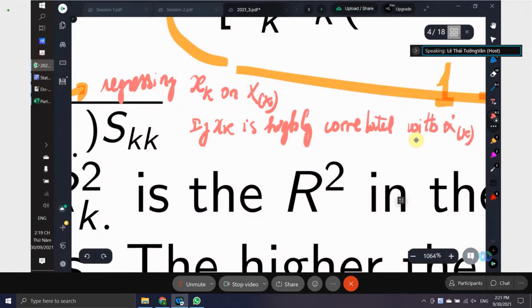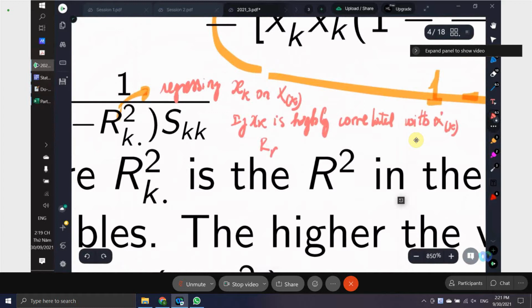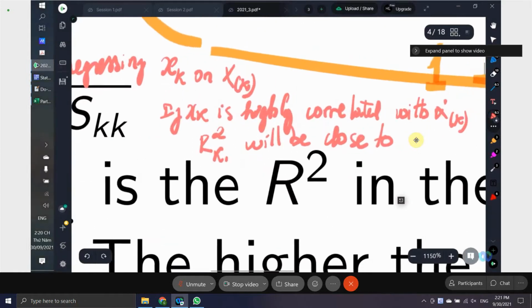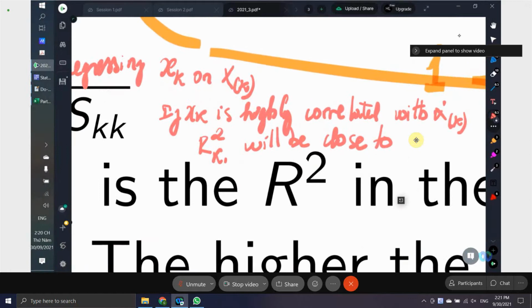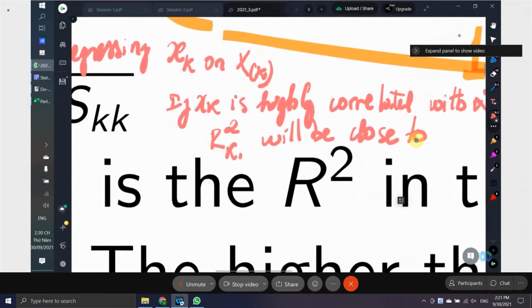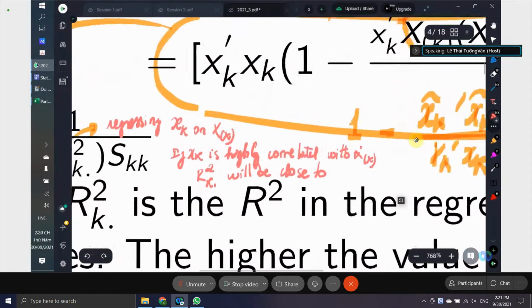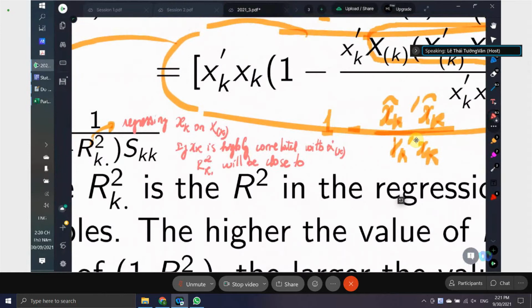Then the r square will be close to which number? I will ask someone.